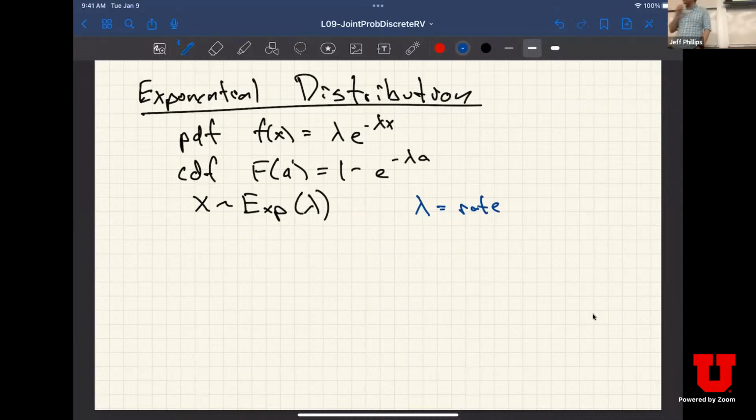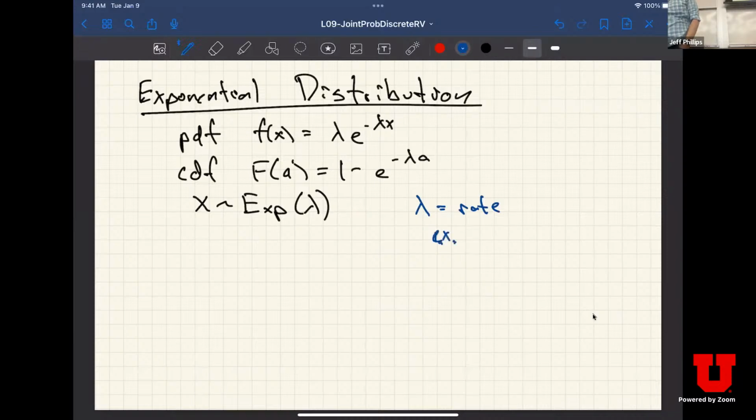I've got an example in my notes: there are some nuclear processes where there are ionizing particles, and you have something that's running, and every so often a particle is ionized, right? And this happens according to this rate.